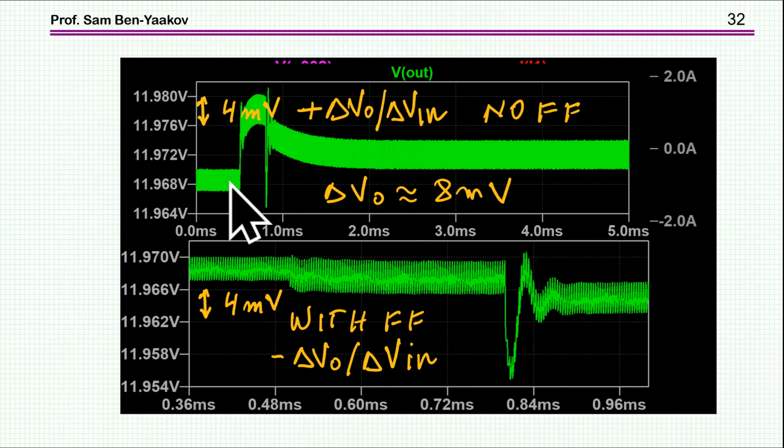It's not very much, but we have an order of 8 millivolt change due to a step of 1 volt at the input, but this is with a reduced loop gain. With the original loop gain, of course, we are not going to have this large DC offset, but we are going to have this transient. You see, this is a very nasty transient, while we don't see it here at all because of the feedforward.